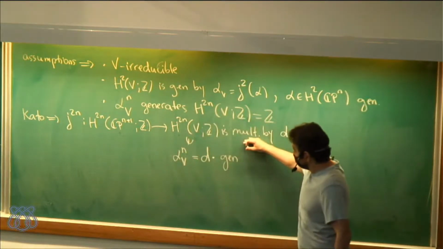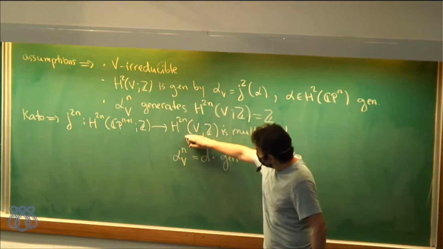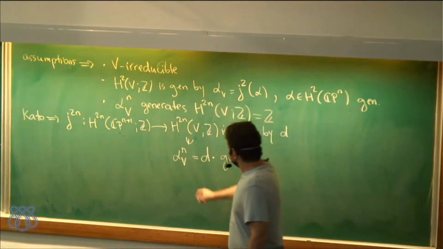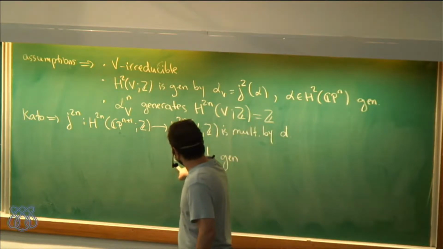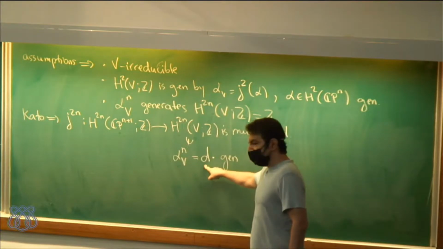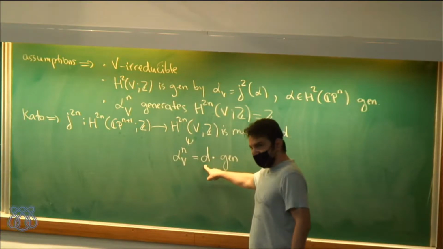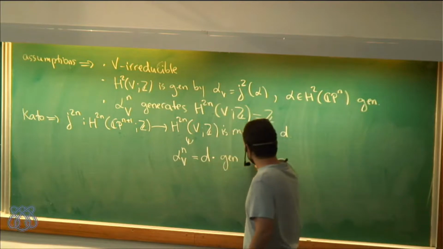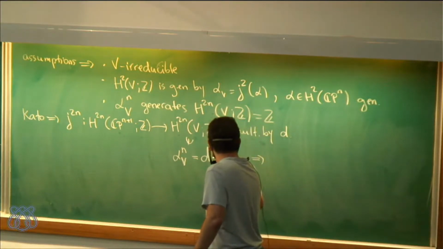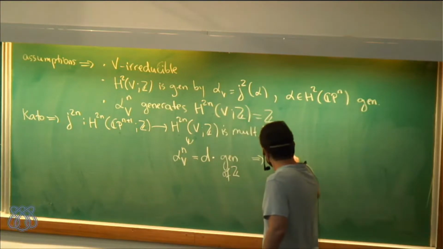That's what Kato said. On the other hand, I already know what the generator is. It should be this guy. So this is a generator of Z, and this is a generator of Z, and they should differ by a multiple of D. Of course, that's not possible unless D is 1.